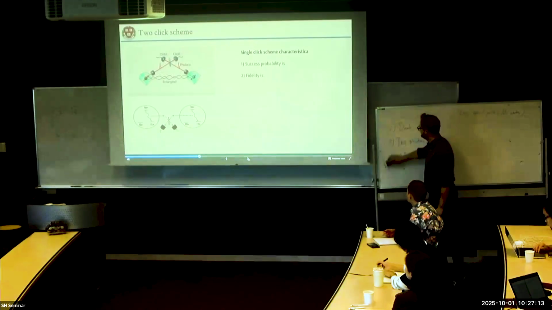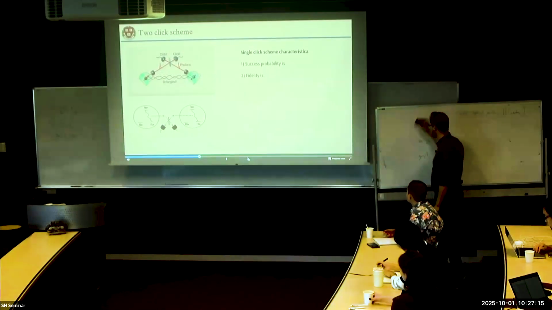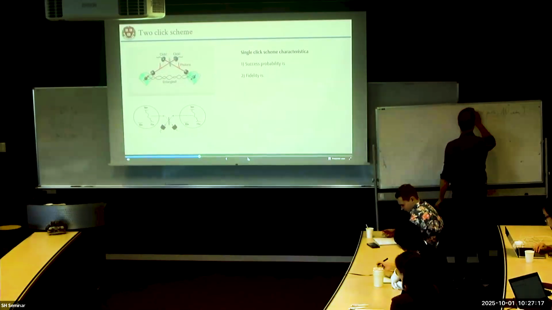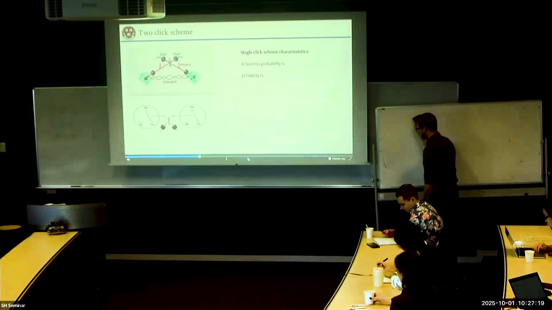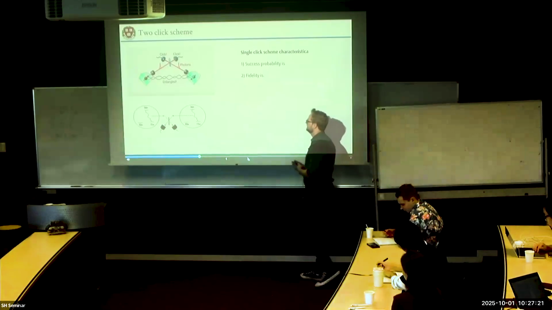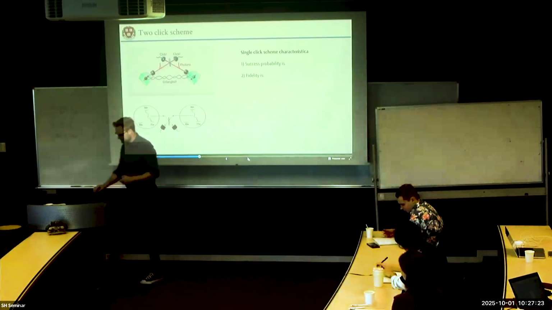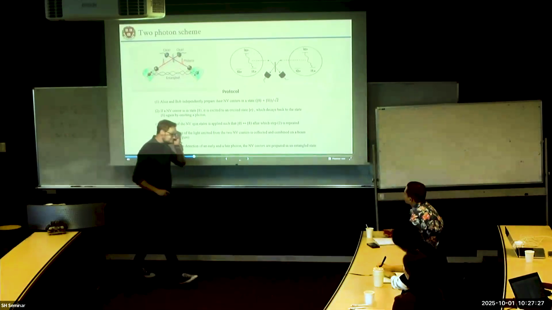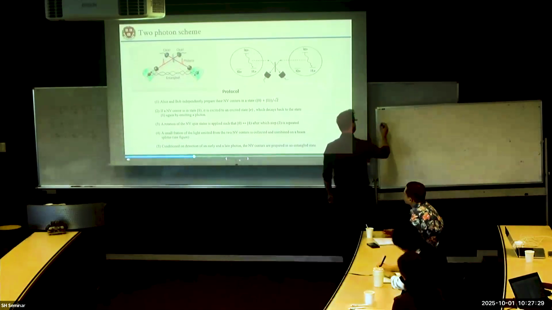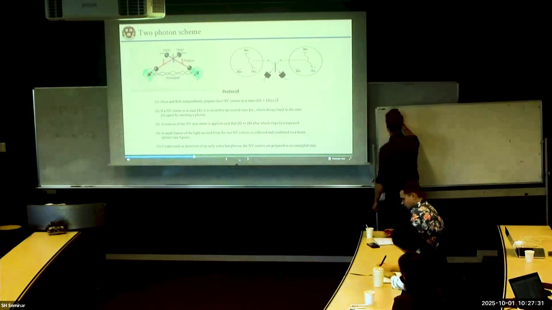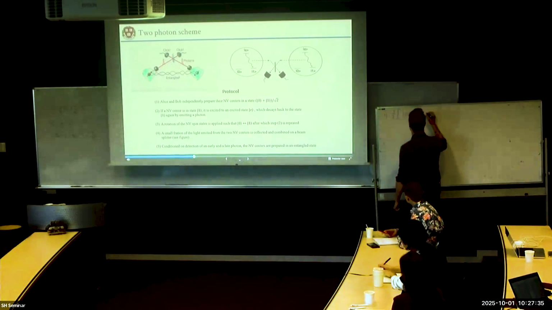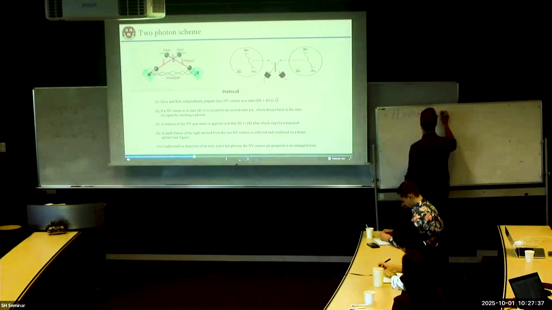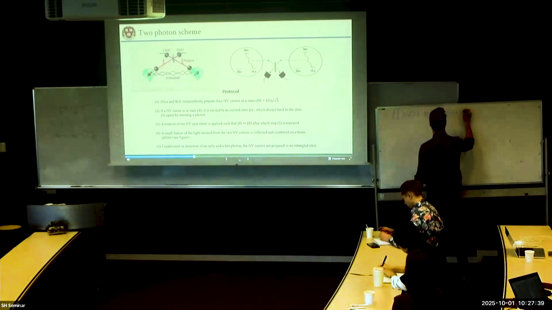The beam splitter transformation is exactly the same, but let's go back so you can see the protocol. And naturally, the initial state is very simple, right? It's just |0,0> plus |0,1> plus |1,0>.